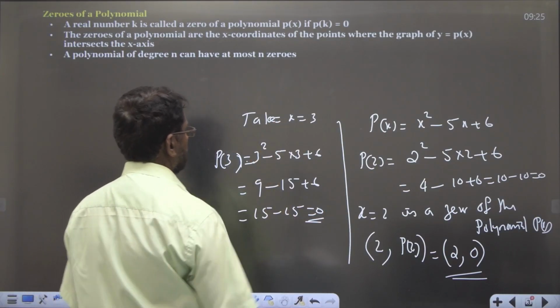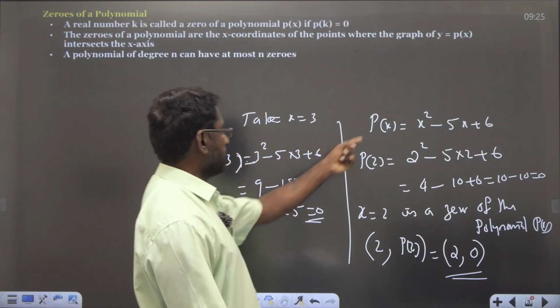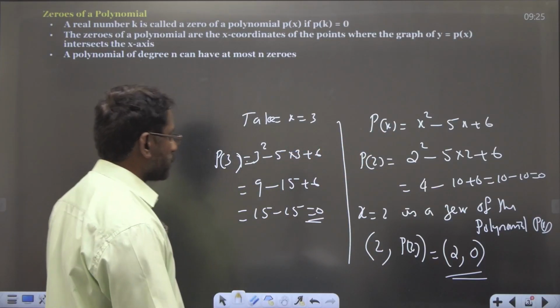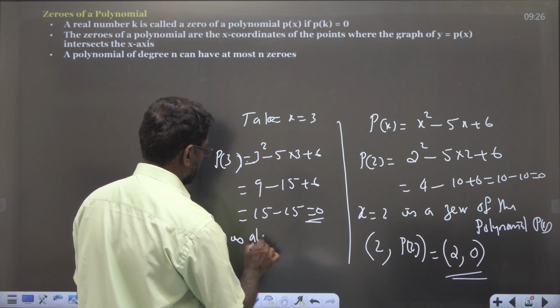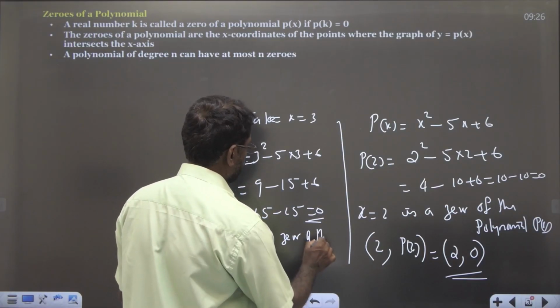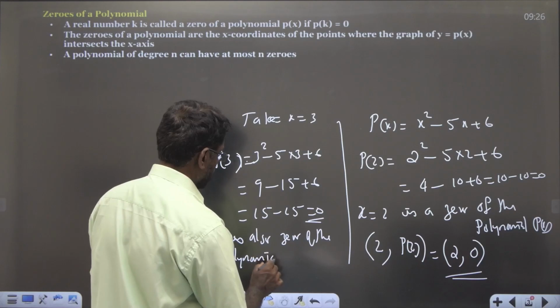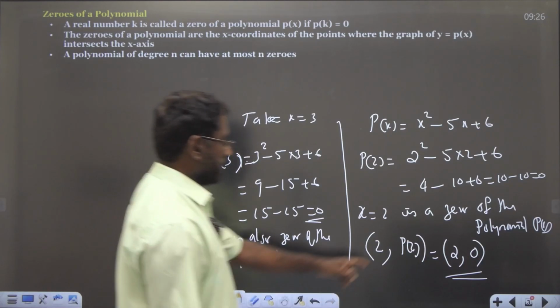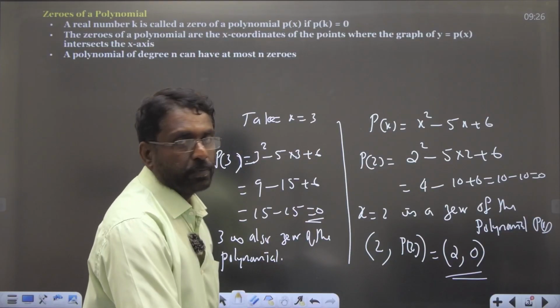That means at x equal to 3, again the value of the polynomial is 0. Therefore, 3 is also a zero of the polynomial. Already we have 2 is a zero of the polynomial, and 3 is also a zero of the polynomial.